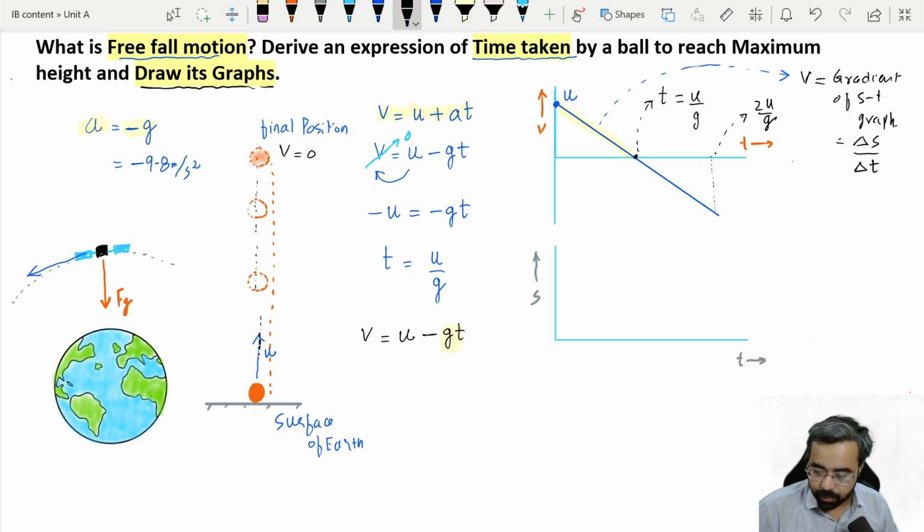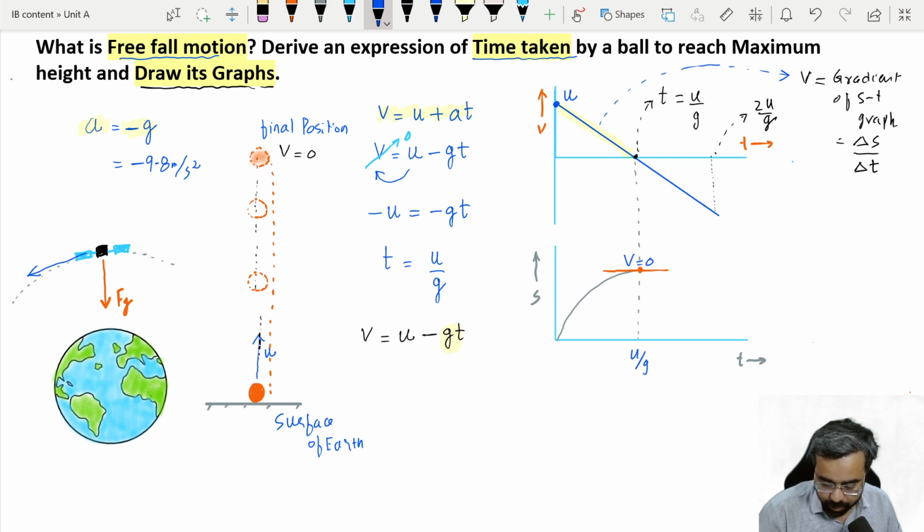Okay, so we must draw this kind of graph, and at this point the graph must be flat. If you draw the tangent at this point, your tangent line must be horizontal, giving you the evidence that the velocity at this point is 0, and this is u over g.